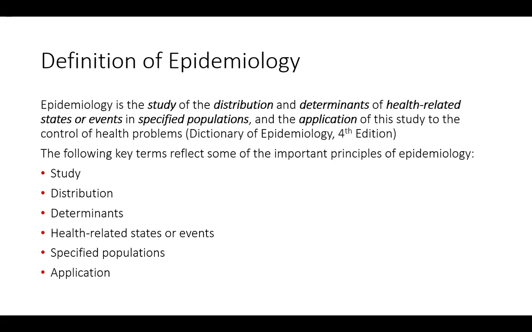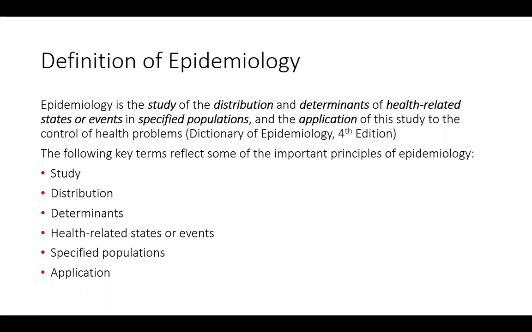So these are the five steps in epidemiology, that is, trying to find out what is the problem, then the cause of the problem, which is the determinants of the problem. Here the problem is the health related states or events. Then in the third step, trying to find the solution to the problem. Once you sort out the cause of the problem, you're trying to sort a solution to the problem.